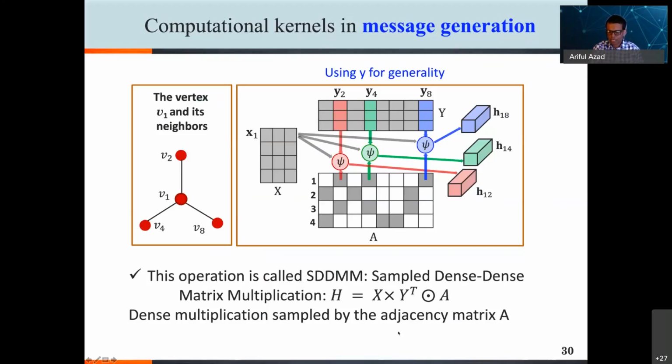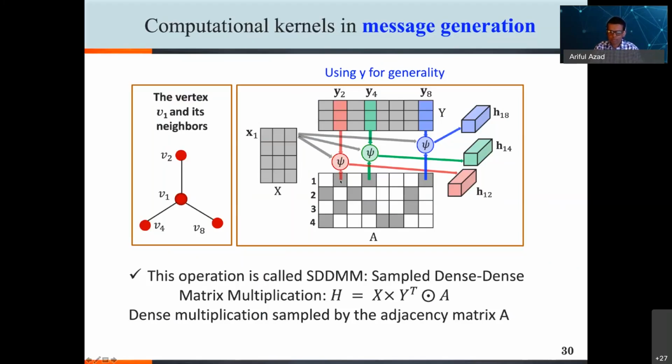And this can be written in this way. We multiply two dense matrices, X times Y transpose, and then do element-wise multiplication with A. It means that if there is a zero entry in our sparse matrix, we don't need to compute the corresponding entry. We only compute where we have a non-zero entry here.